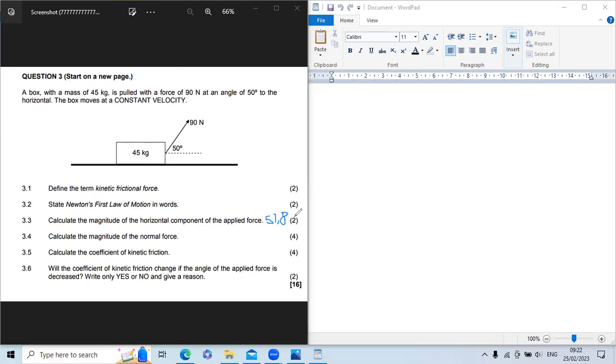So the next question, they want you to calculate the magnitude of the normal force. Do you think you'll be able to do that, or do you want me to show it to you or give you some clues?